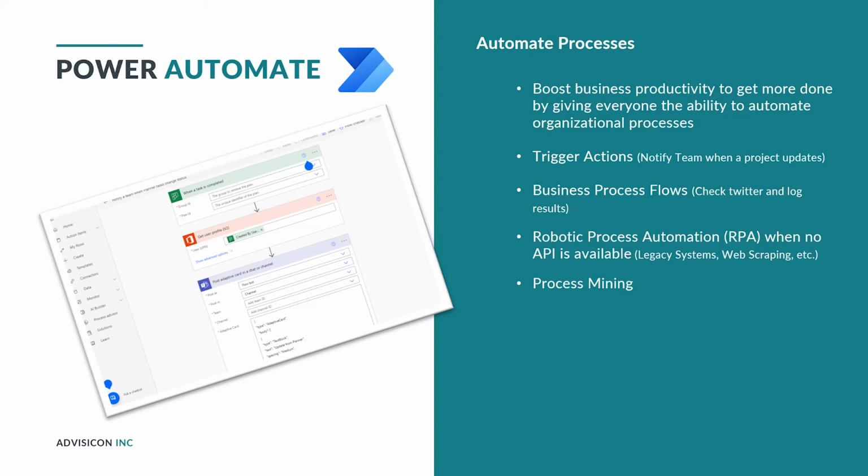This is designed to work with legacy systems that we might not be able to integrate with, the types of programs that don't have an application programming interface that's available to us, like old legacy systems or web pages when we need to scrape information from a web page that has to be used in our application, and so on. And finally, we can do process mining in Power Automate. This allows us to look at our processes and monitor how they're functioning, how they're working, and what the outcomes of many of those processes are.